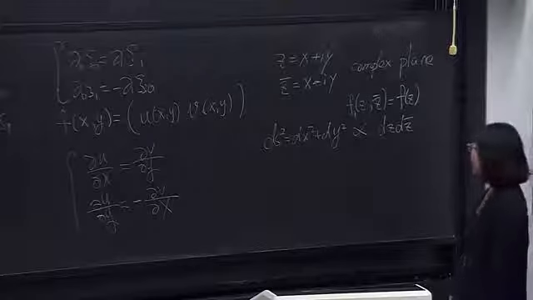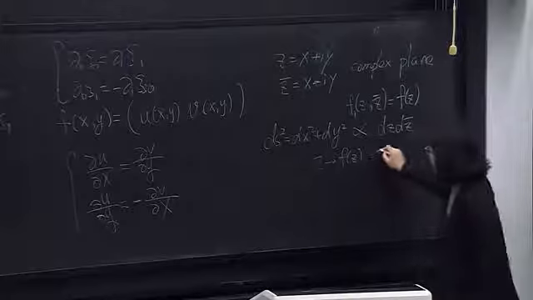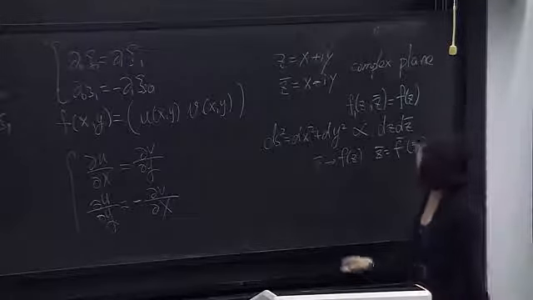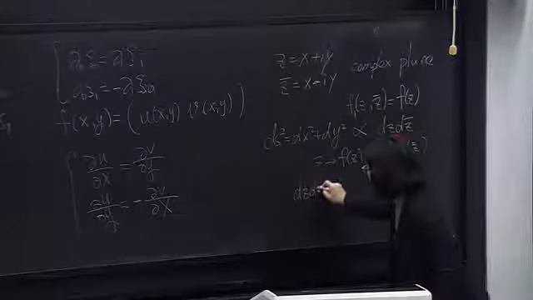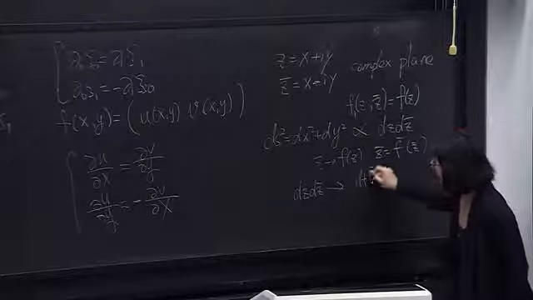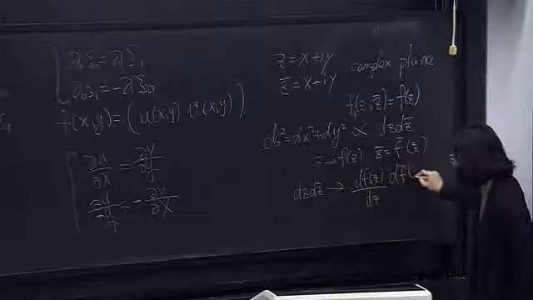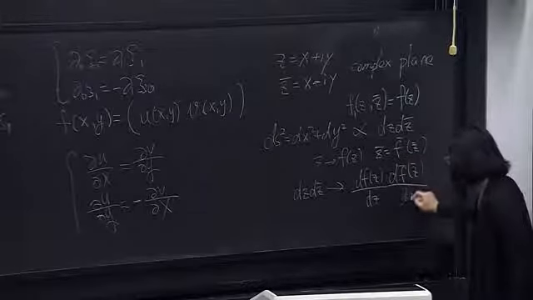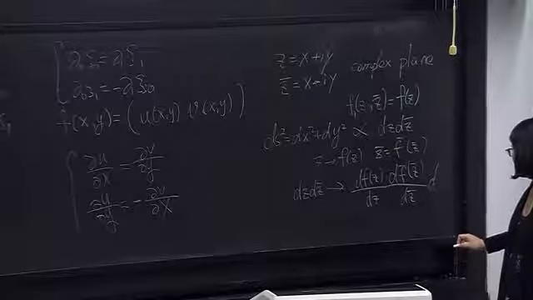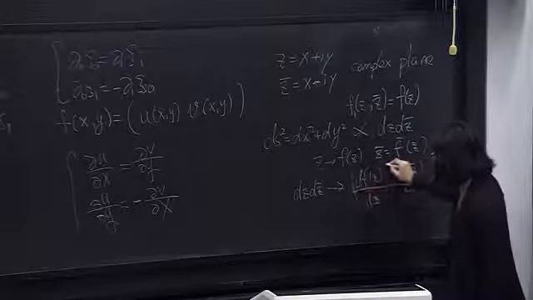Okay, so now, if we let z go to f z, z bar go to f bar z bar, then dz bar goes to d f bar z bar, and dz goes to d f z, the other way around. Okay, I'll just put a -1 on top of them.